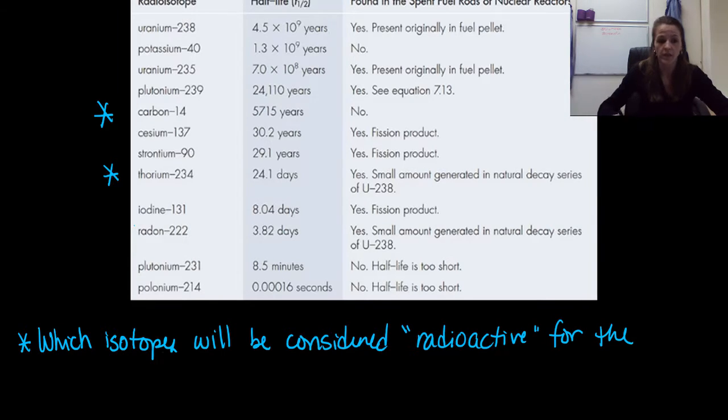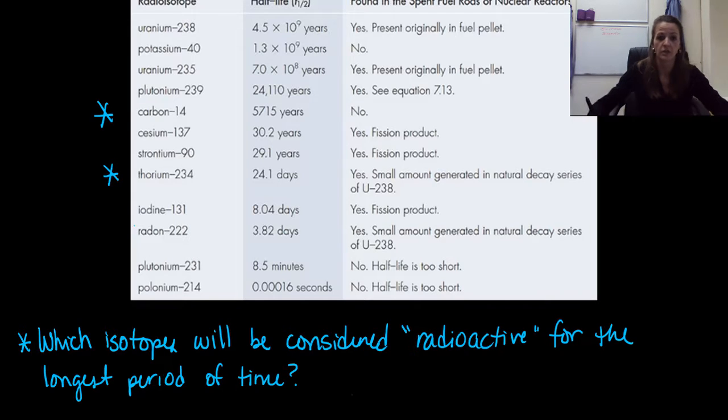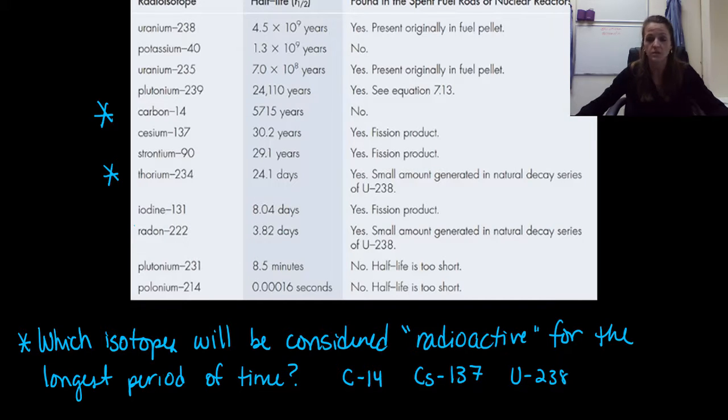Okay, so which one of the following 4 would be considered radioactive for the longest period of time? All right, C14 is one option. Cesium-137 is another option. Uranium-238 is one option. And then radon-222 is another option. Which one will be radioactive for the longest period of time?